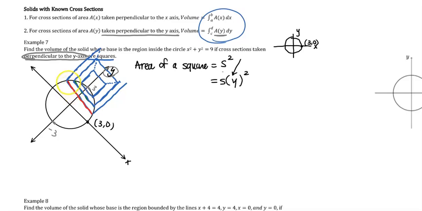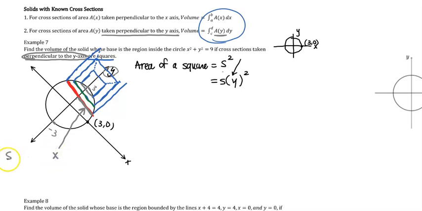So if I think about this red length right here, I would be able to represent it if I knew what this horizontal distance is right here, because it's just double that horizontal distance. Well, that horizontal distance is simply some x value.